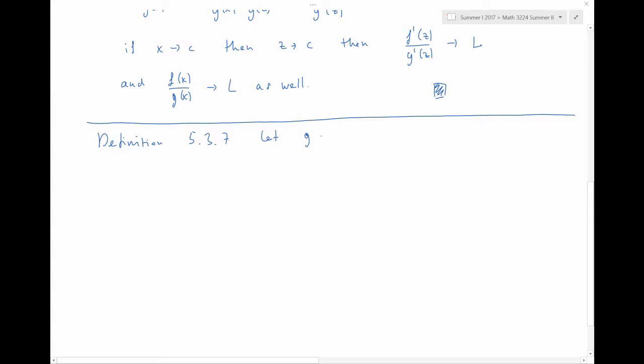Let g be a function and c be a limit point of a.